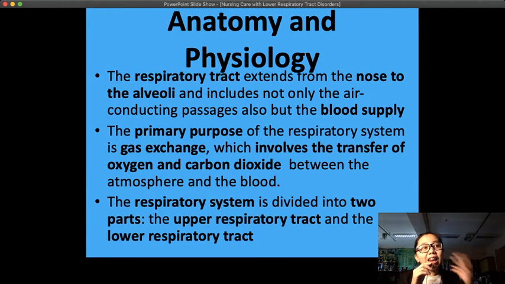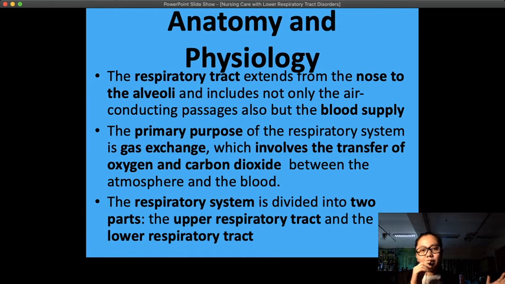So from the air that we breathe outside of our body, as it goes inside of our body down to our lungs, as it is also transferred or distributed to the systemic part of the body, or to the entire body.